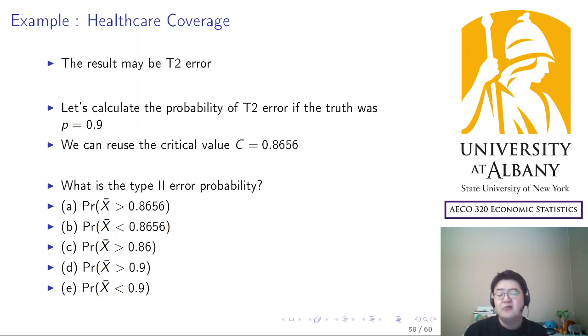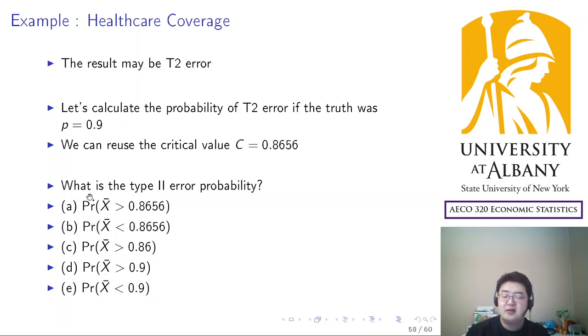By random error, you fail to see the positive effect. Now, what is that probability? Let's assume that the truth was actually 90%. So actually the Affordable Care Act increased the coverage rate to 90%. Then what would be the probability that you still do not observe a significant increase?